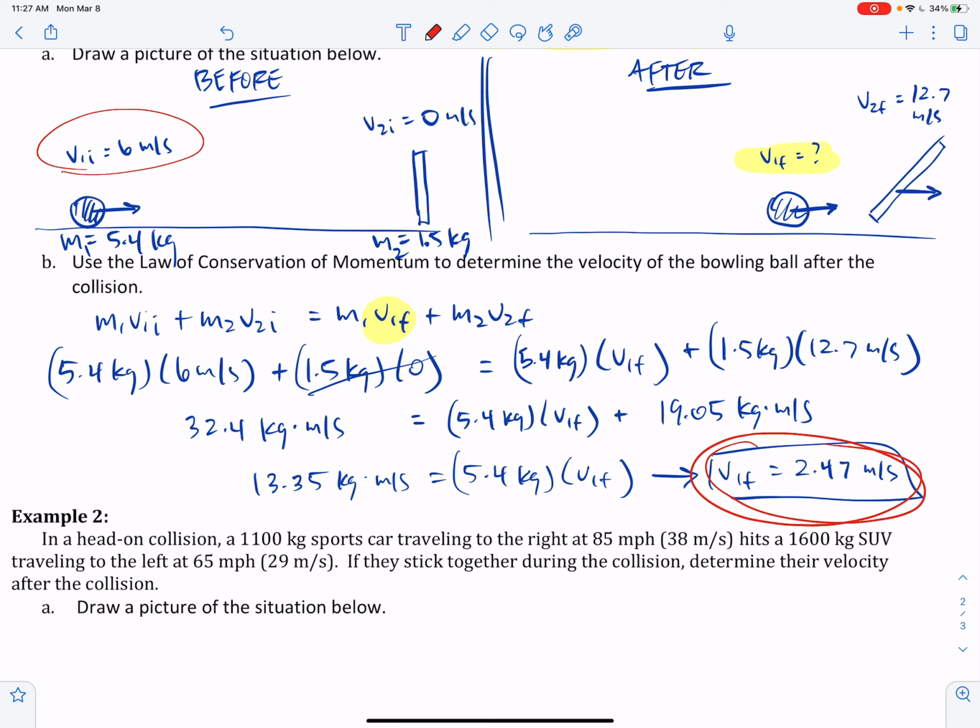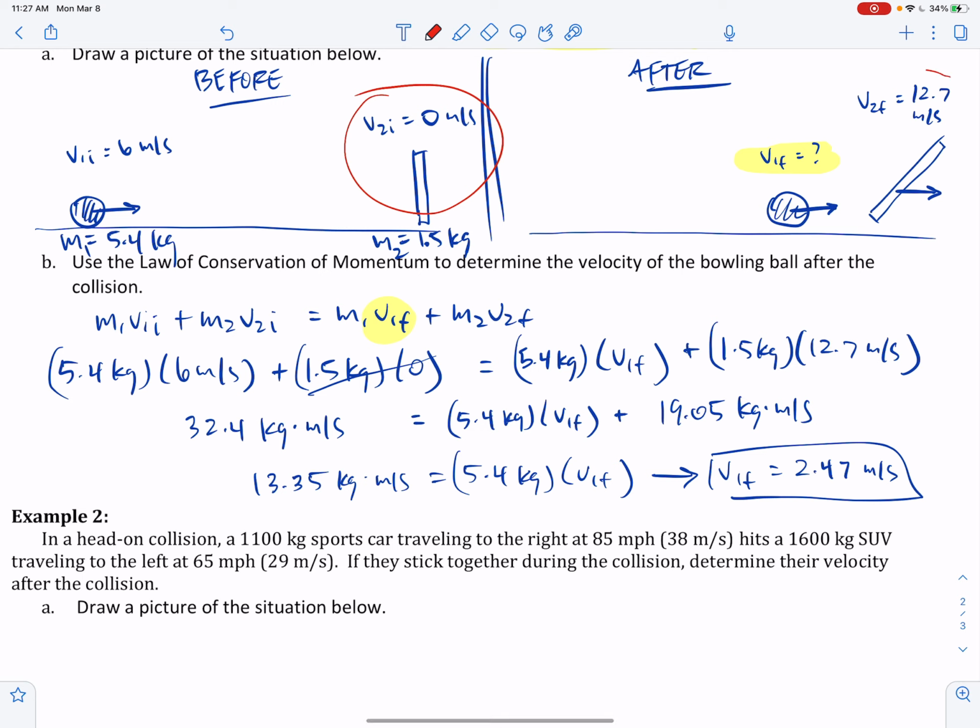And one reason why I would expect it to go slower is because it's transferring some of its momentum to the bowling pin, right? Look at what's happening to the bowling pin. The bowling pin starts at 0 meters per second, at rest, and then after the collision, the pin increases its velocity to 12.7 meters per second. So the pin in this example is gaining momentum, and the ball is losing momentum.